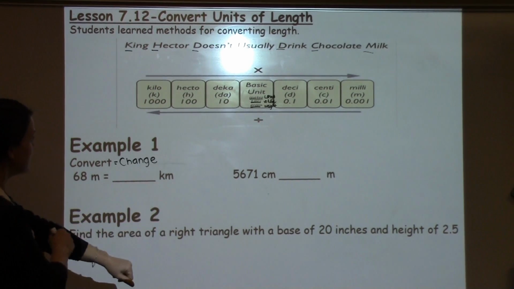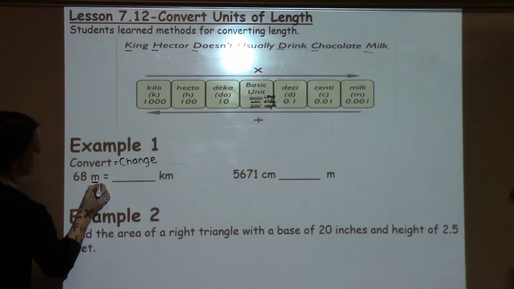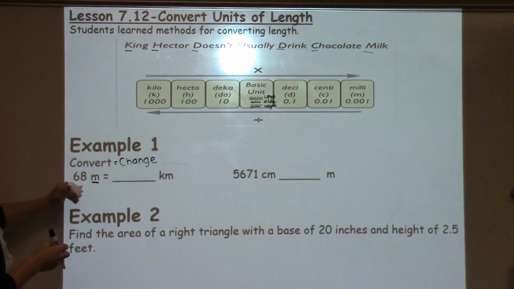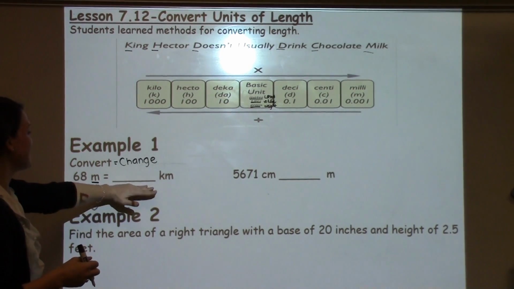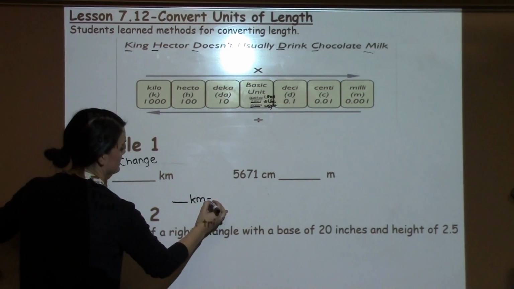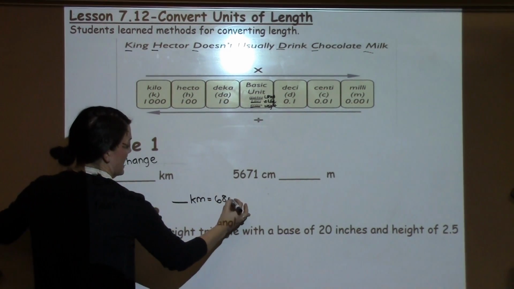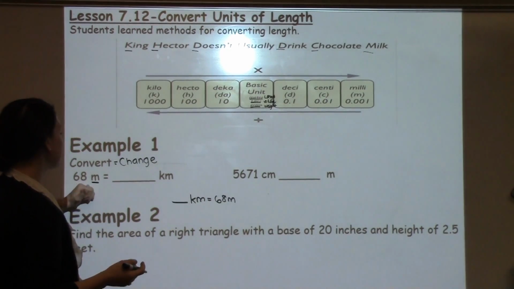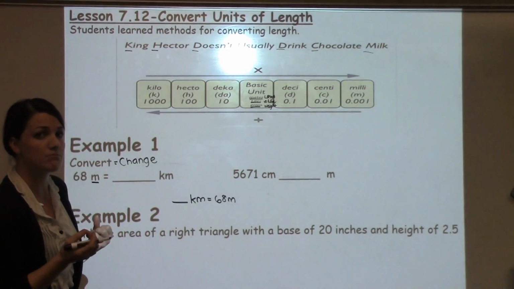I always start with whatever I have a number for. We don't like to tell students to start with the first thing because sometimes these might be flip-flopped and you might see it written as blank kilometers equals 68 meters. So we always want to say start with whatever you have a number for.